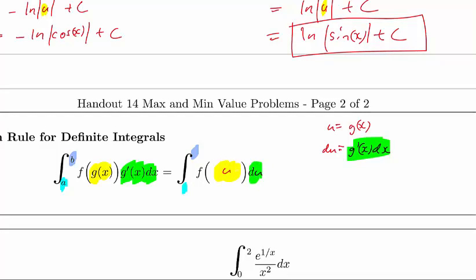Well, first we got to figure out, okay, so what is this first bound? That's going to be g of b. And this is going to be g of a. That's all there is to it. You just got to make sure you change the bounds when you do this so that it reflects the new reality of the variable you're working with. So you'll be doing this instead of substituting the u back in.